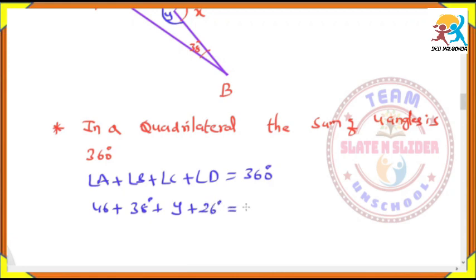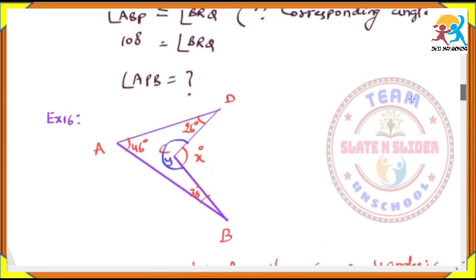We have to find out y. Y is equal to 360 minus, just add these three, 110, and send to another side, will become minus 110. So y is equal to 250 degrees. We got the value of y, so this is equal to 250.